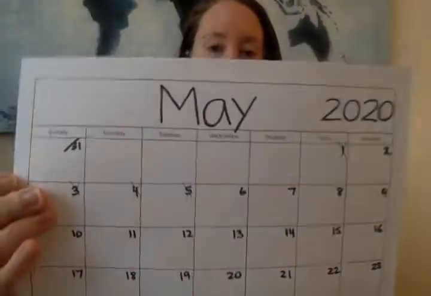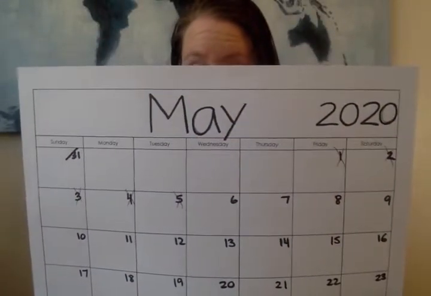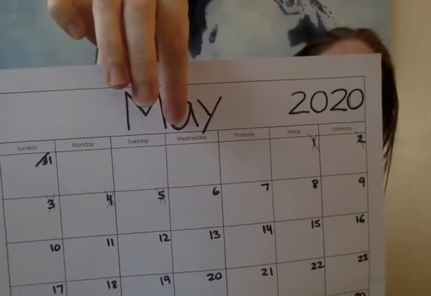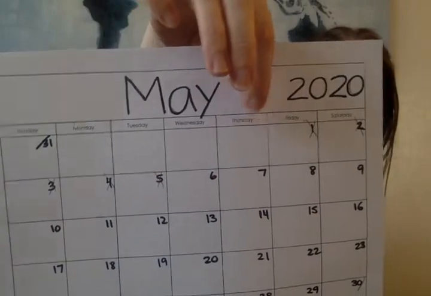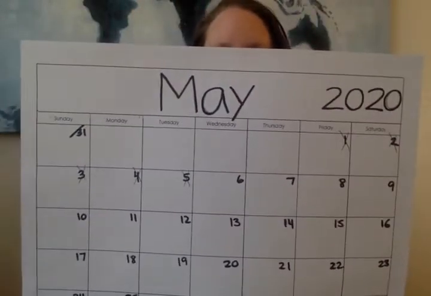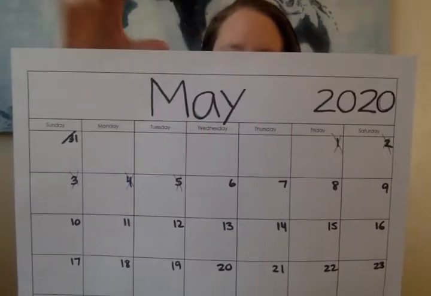Before I get into the lesson, I wanted to do the calendar, the weather, and the good morning song. So here's the calendar we made, and we are on Wednesday. So let's start with the days of the week. Sunday, Monday, Tuesday, Wednesday, Thursday, Friday, Saturday, and let's begin again.